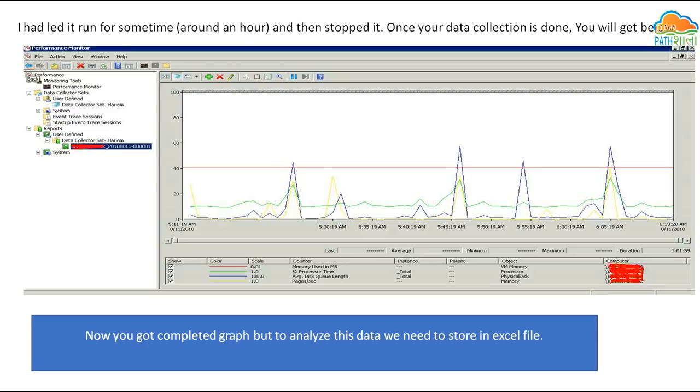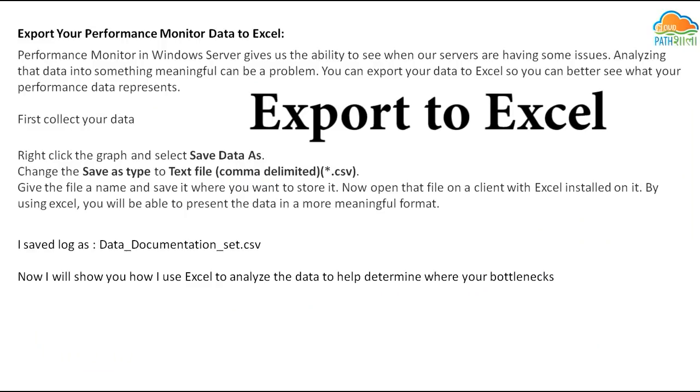So the graph is complete, and we will study how to analyze that data in the next slide. Next, first we have to export the data to an Excel sheet.